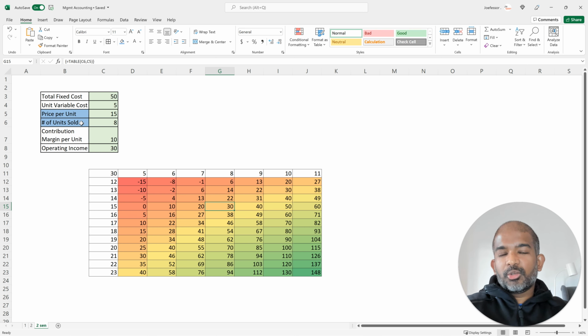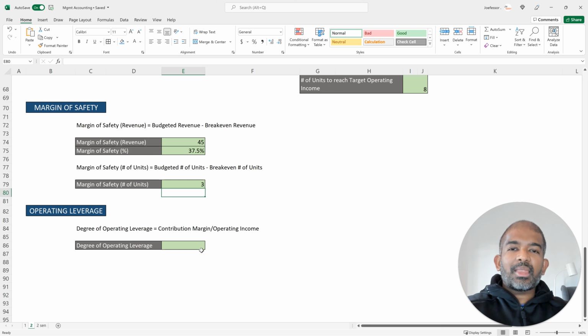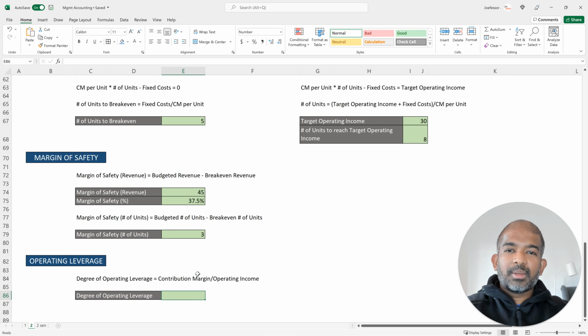In reality, you can perform a sensitivity analysis on any of the variables that can change, which can affect your operating income. Moving on to the final topic that's covered in this session, operating leverage. Degree of operating leverage is given by the ratio of contribution margin to the operating income. So how do we calculate that using the same numerical example as above?